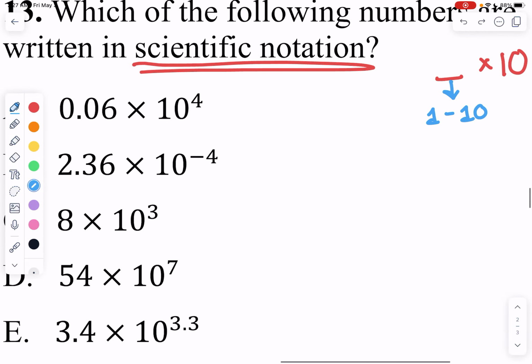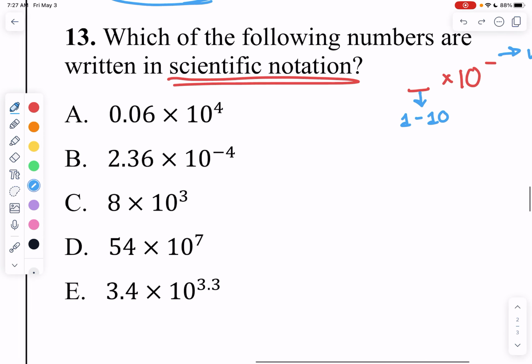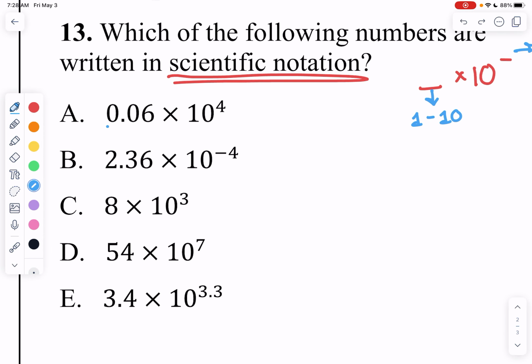All right, so let's look at our answer choices. A, we look at our number on the left and we say, is it in between 1 and 10? No, it is not. So A, you're out of here. B, we look on the left side and we say, is this between 1 and 10? 2.36 is between 1 and 10. So I'll look at my exponent. Is that a whole number?